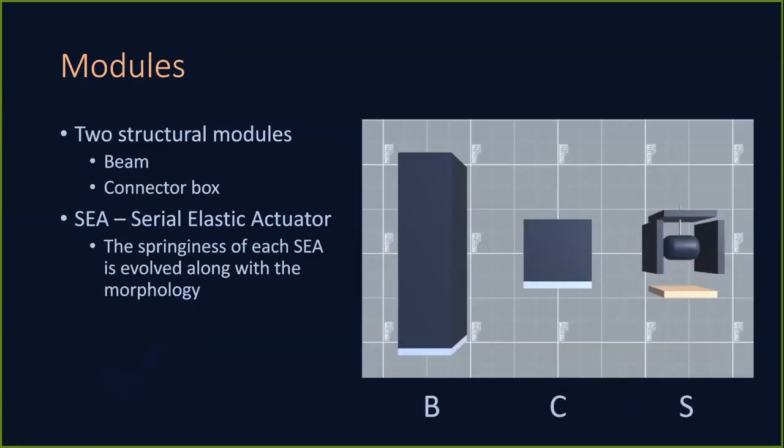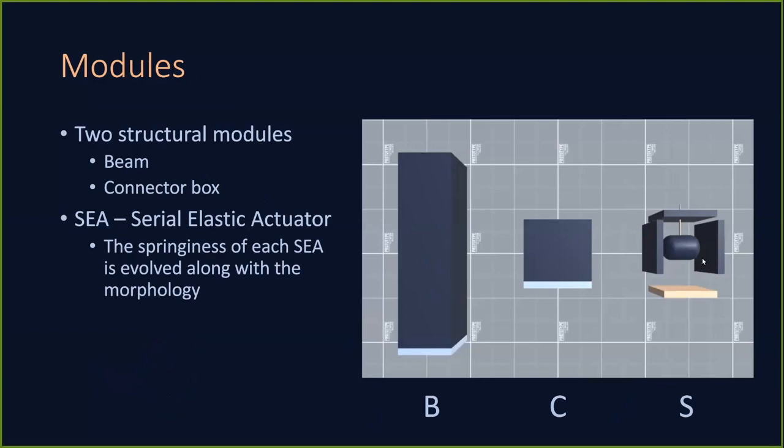So we co-optimize the morphology and controller of evolving modular robots, and we also evolve the springiness of the robots. We use 3 different modules that the robots can use: either this beam component, a connector block component, or an actuator component.